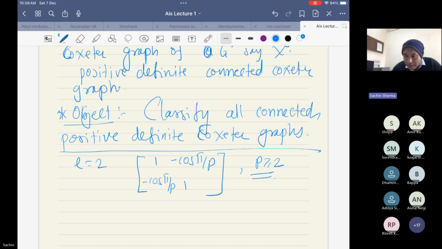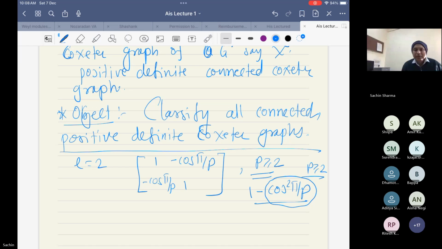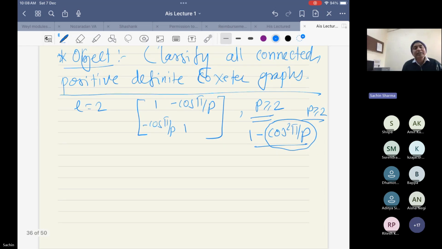Yeah, the determinants of all principal submatrices. And so in this case, what is the determinant? 1 minus cos square pi by p, where p is greater than or equal to 2. So it is always less than 1 actually, this number. Yes. Okay. I hope all of you are fine, it is just simple linear algebra.